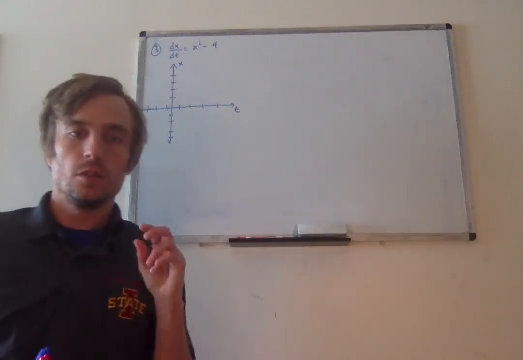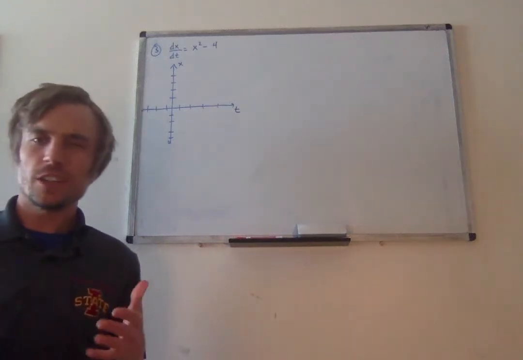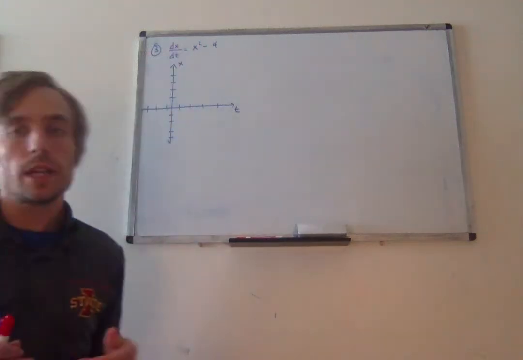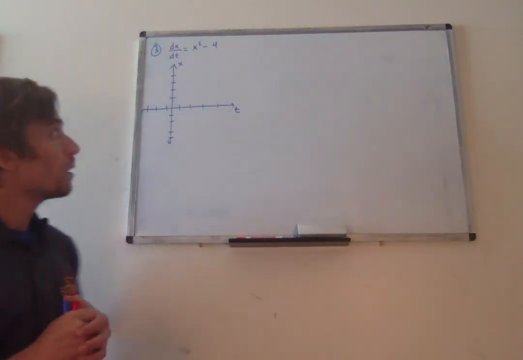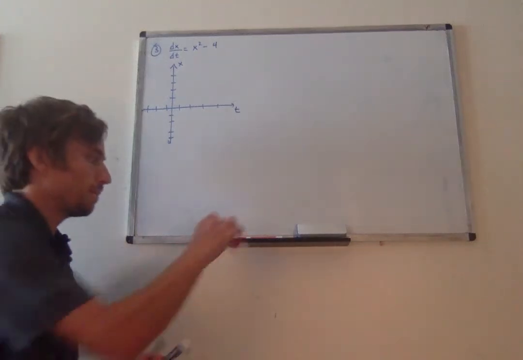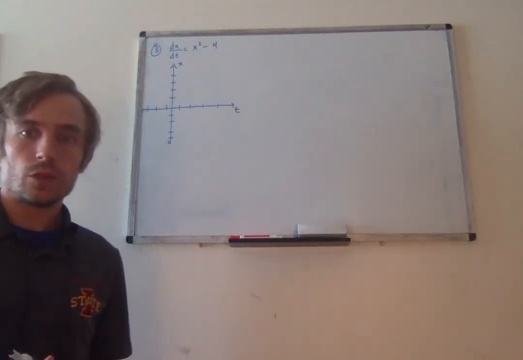All right, so last problem on this sheet. Looks very similar, a little more involved, I guess, because we've got now a quadratic equation here. So here we've got dx dt is equal to x squared minus 4. So first thing we want to do, we want to find the critical points.